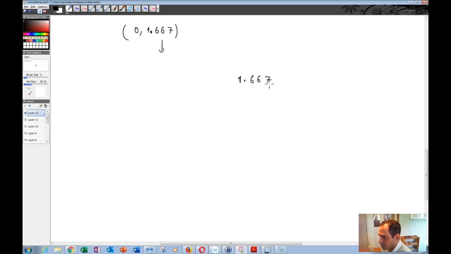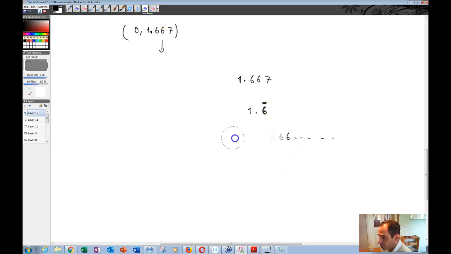And you know that this number has been rounded, and the number was actually 1.6 repeating. It just keeps going 6, 6, 6, 6, and so on.